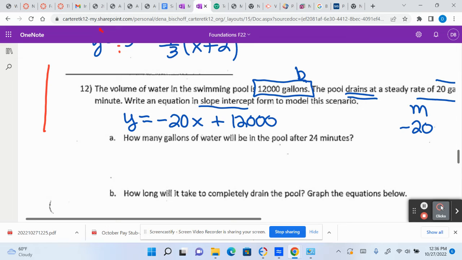How many gallons of water will be in the pool after 24 minutes? What's that saying? Tell me what you're doing. What math are you doing? You let 24 be x. You let x equal 24. Now you go ahead and do your math. Good job, Gavin. Let x equal 24.